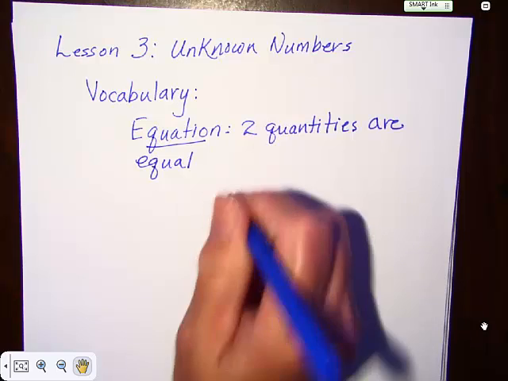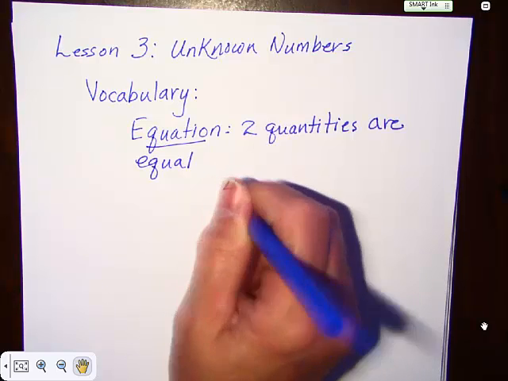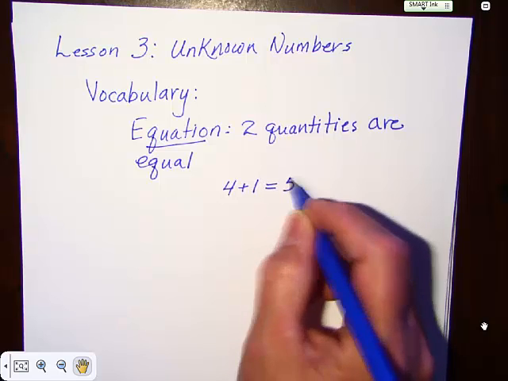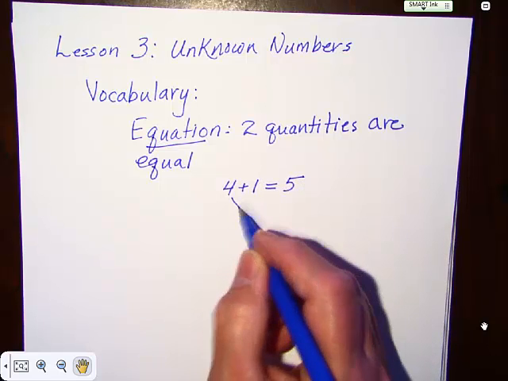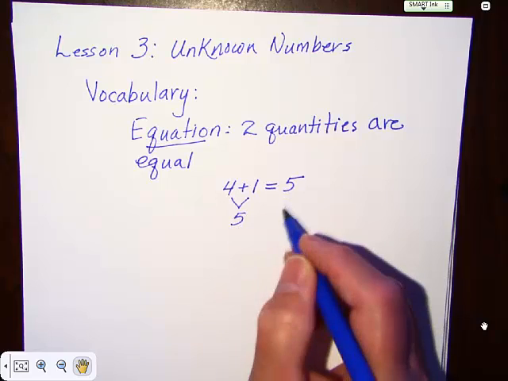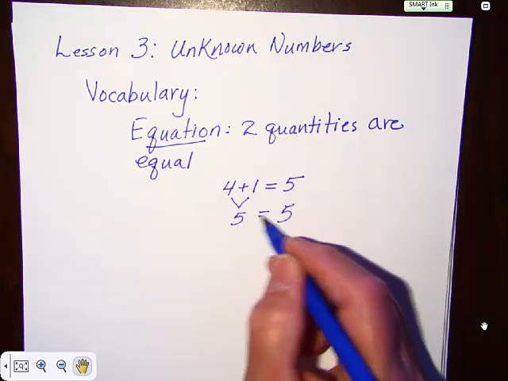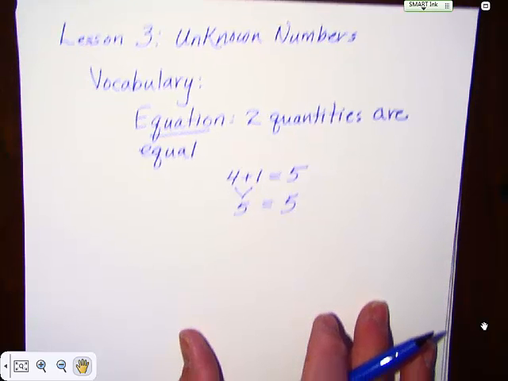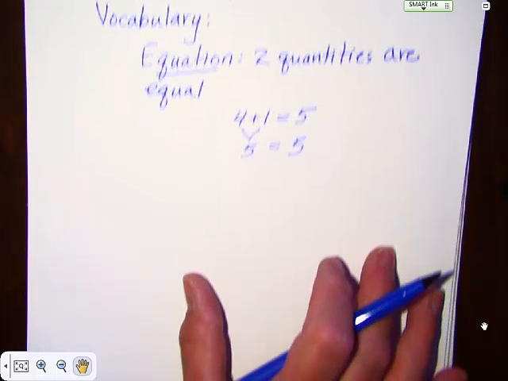For instance, 4 plus 1 equals 5. Well, 4 plus 1 is 5, and this side is 5, and therefore it's an equation because both sides are equal. It implies that both sides are equals and both of them should be equal to 5.